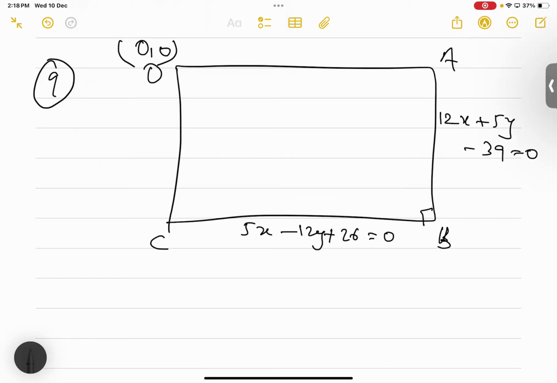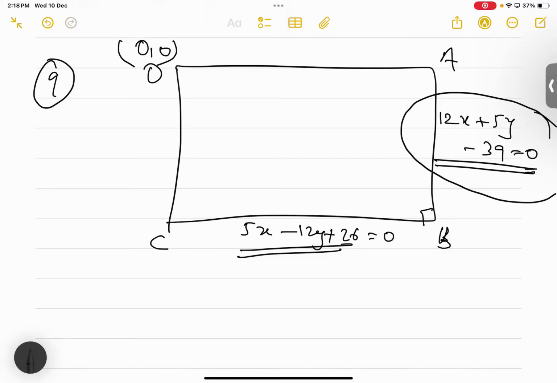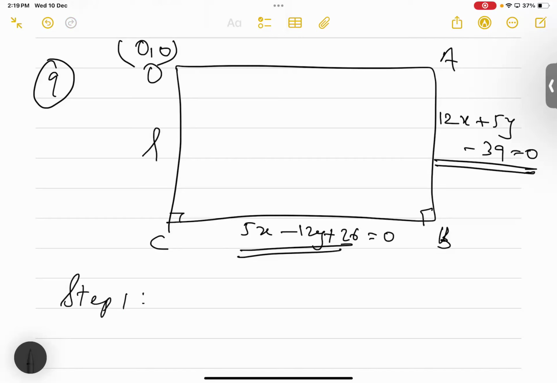Look at this line and this line. What is the slope of this line? 5 upon 12. And what is the slope of this line? Minus 12 upon 5. The multiplication of the slopes is -1. It has to be. Now, step 1, we are going to find distance OC, which is the length.